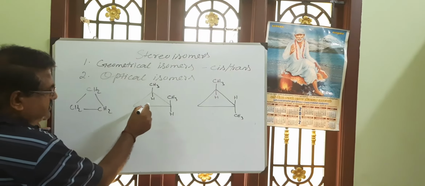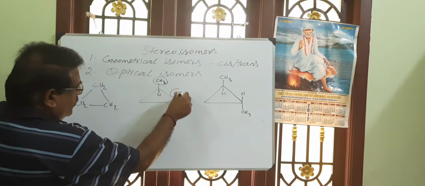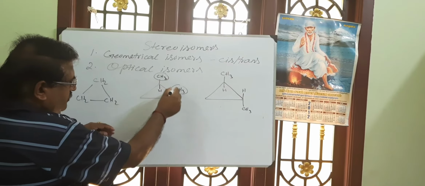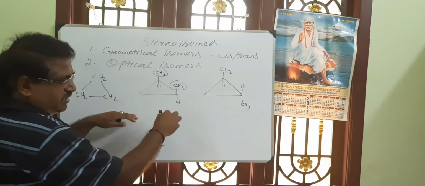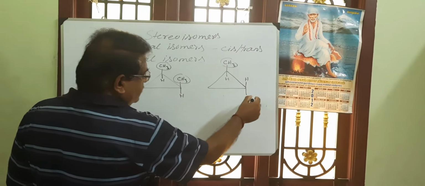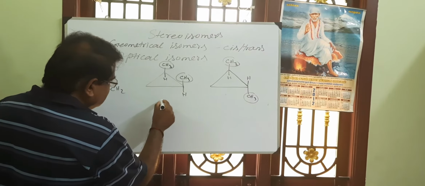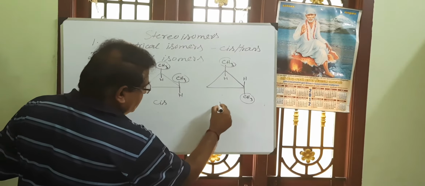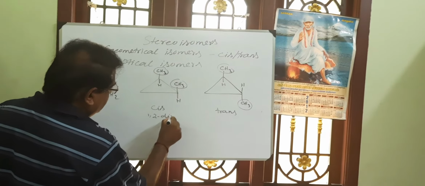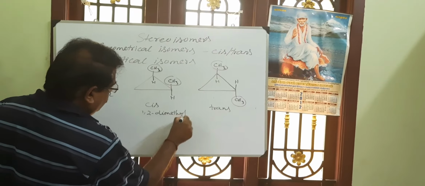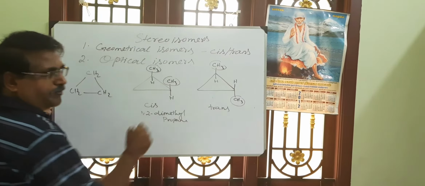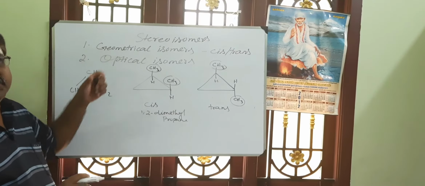In the first case, the two methyl groups are above the plane, considering the cyclopropane ring is in the plane, and the two hydrogens are below the plane. In the other, this methyl group is above the plane and this one is below the plane. So this is cis, this is trans. This is cis-1,2-dimethylcyclopropane. This is trans-1,2-dimethylcyclopropane. So this is another example of geometrical isomers.